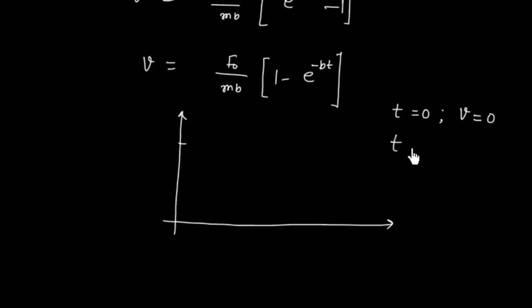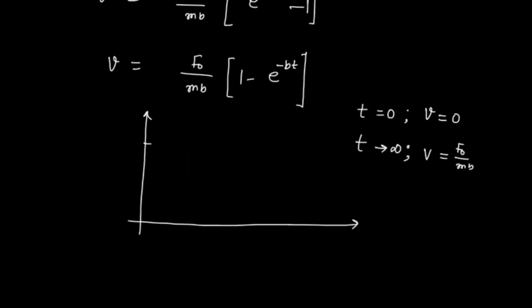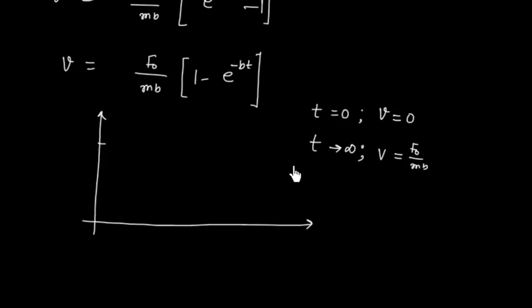When t is infinite, this term is 0, because the exponent is infinite, so the velocity is F naught by mb. So now it is easy to draw the graph. Let us say this is the maximum velocity, that is F naught by mb.